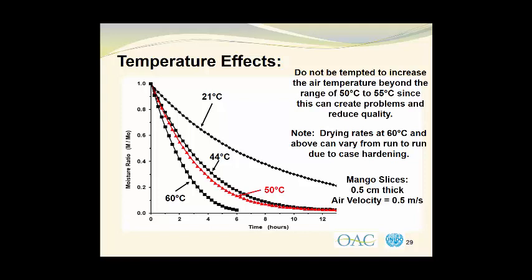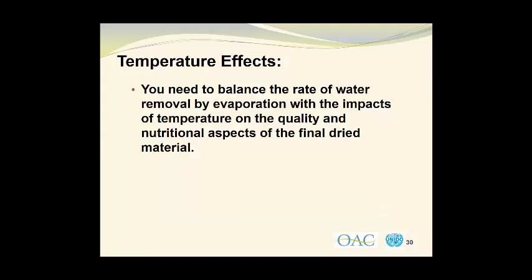And this was actually one of the fastest runs at 60 degrees Celsius that I actually had. Most of them were a little bit slower and took upwards of about 8 hours to reach the final moisture content. You need to balance the rate of water removal by evaporation with the impacts of temperature on the quality and nutritional aspects of the final dried material.